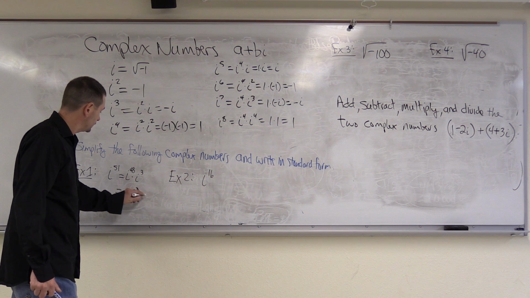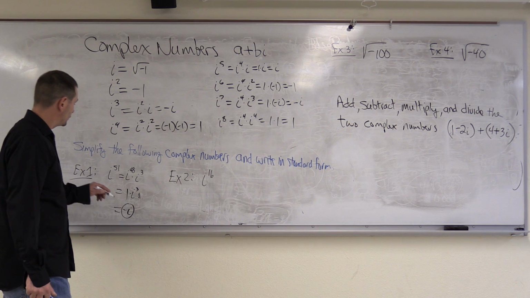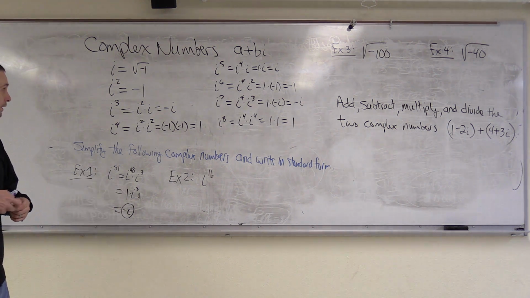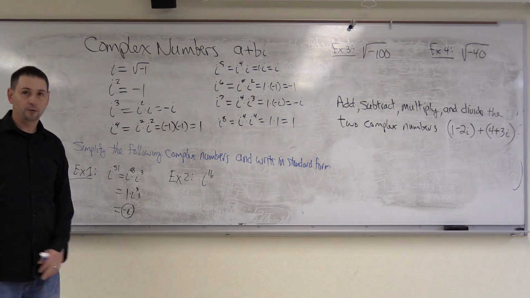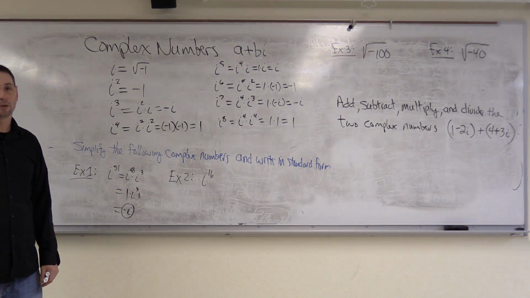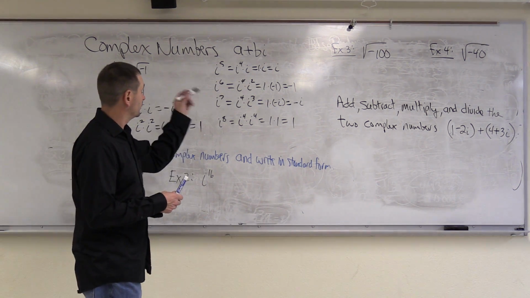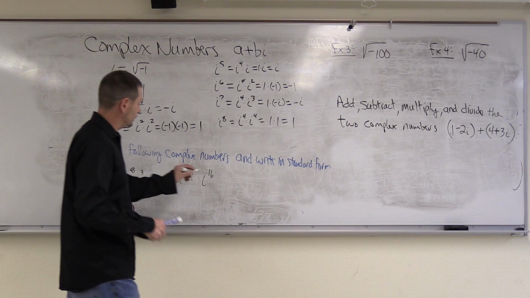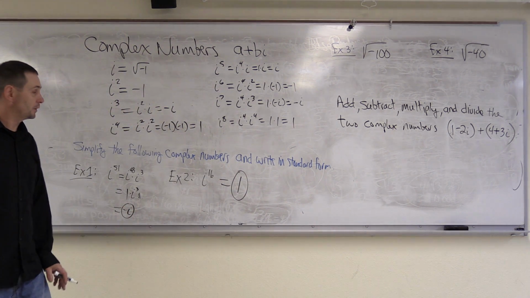So my final answer is just -i. You can take i to any power and write it as, at most, i to the first power. You'll never have i to any higher power than 1, and we'll use that when we're writing things in standard form. i to the 16 is a multiple of 4, that's just 1. I'm done that fast. And that's the power stuff.